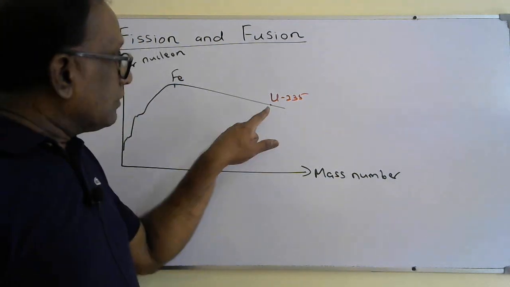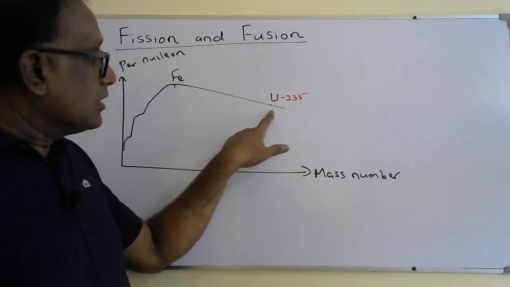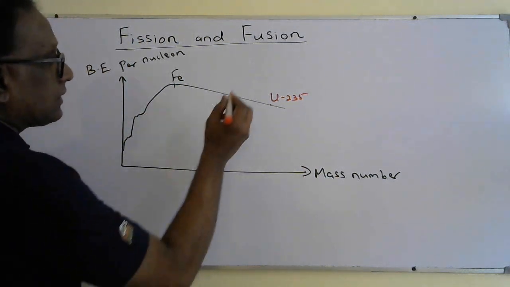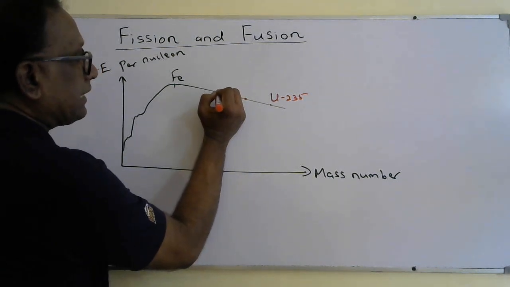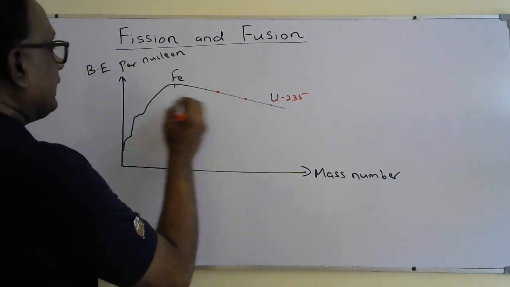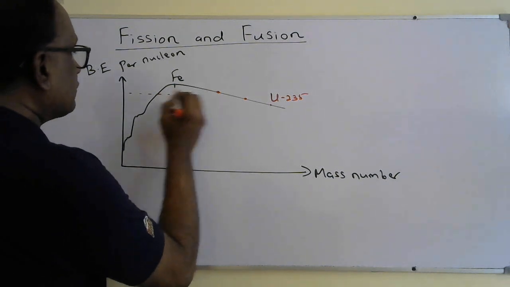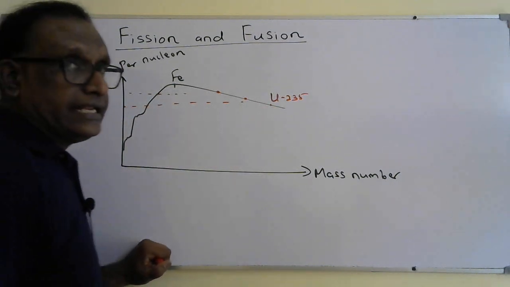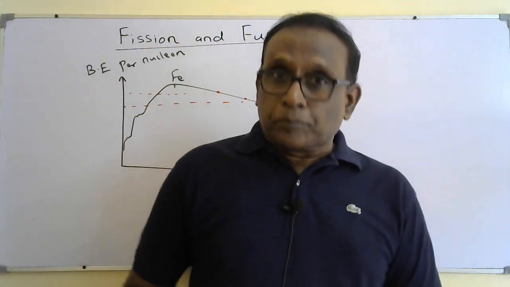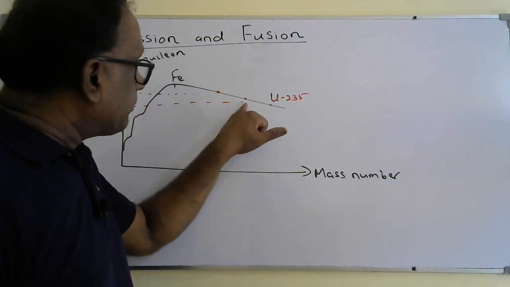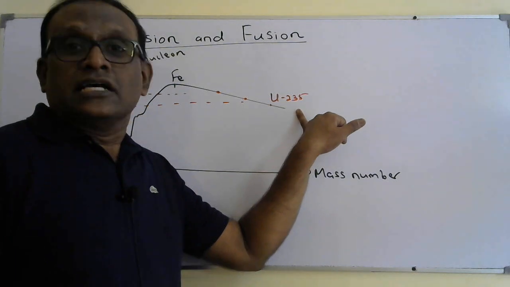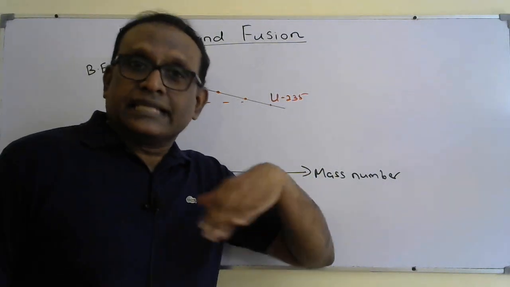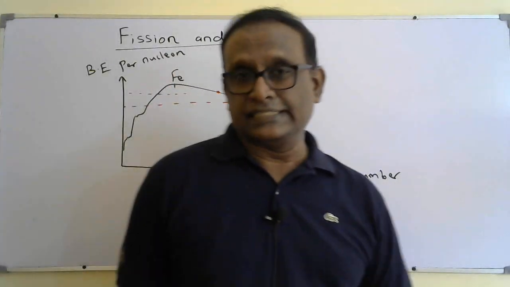But anyway, the products will have smaller mass number, meaning the products could be somewhere here and here. That means the binding energy per nucleon of the products will become larger than the binding energy per nucleon of the uranium nucleus. That means products are more stable than the uranium nucleus. So that reaction is possible with release of energy.